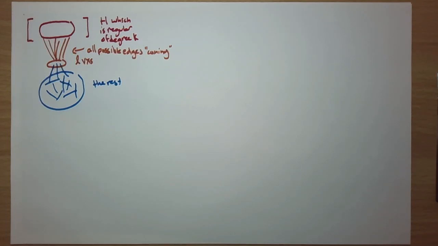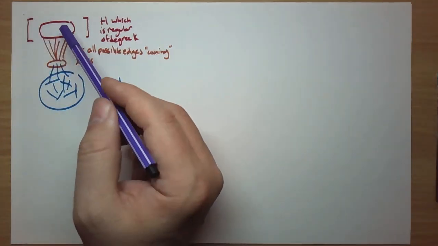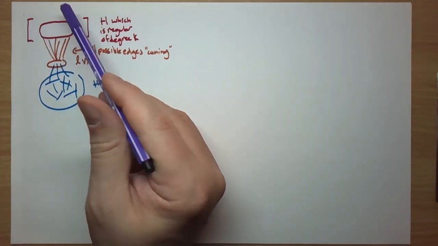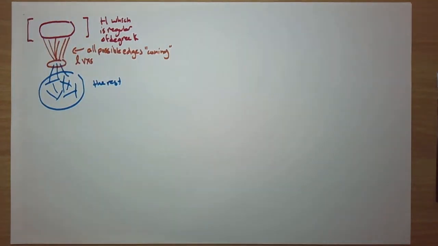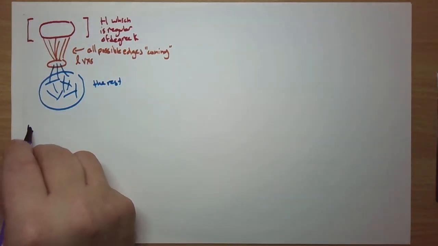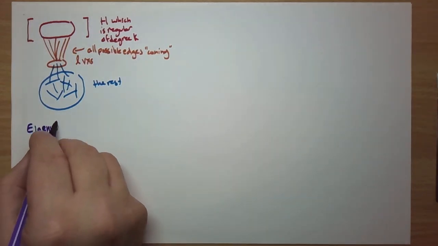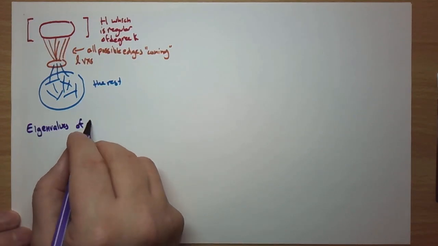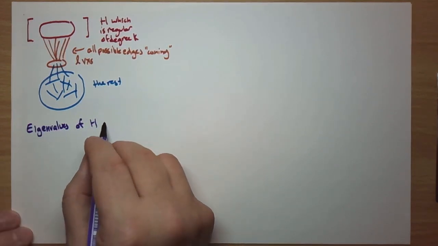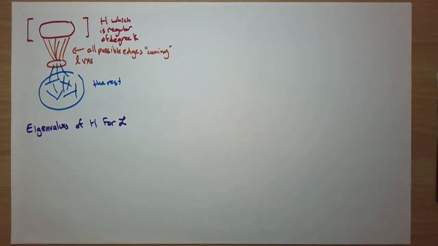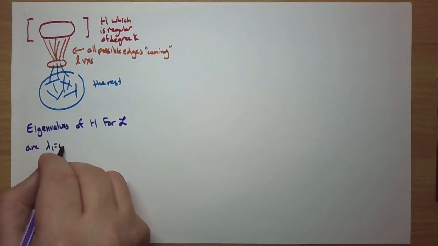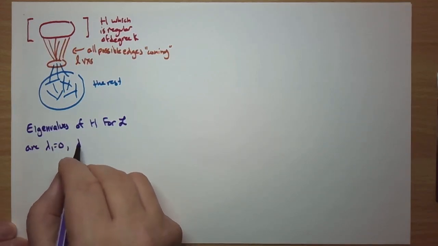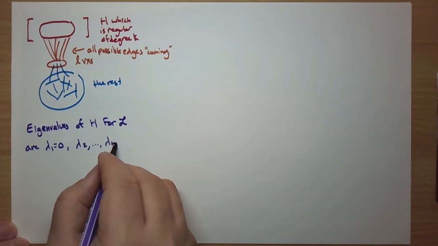Now the question is, can we understand eigenvalues of the whole graph, or at least some of them, if I know the eigenvalues of this original part? So in particular, let's suppose we can say the eigenvalues of our H, and we'll do it for the normalized Laplacian because that's our mindset right now. We have lambda 1 equals 0, and then we have the rest, lambda 2 up through lambda n.